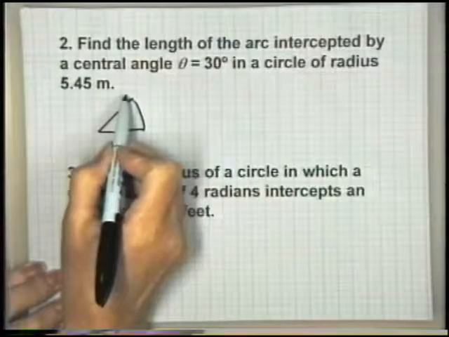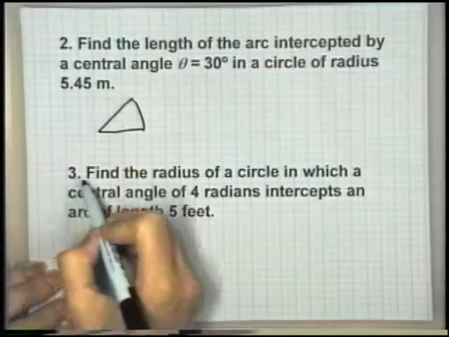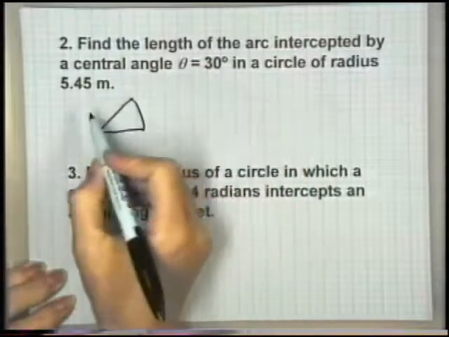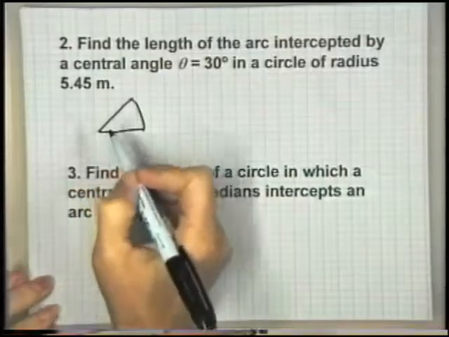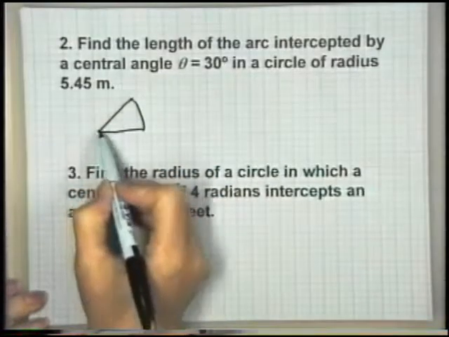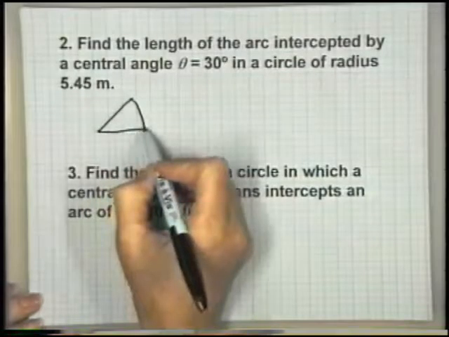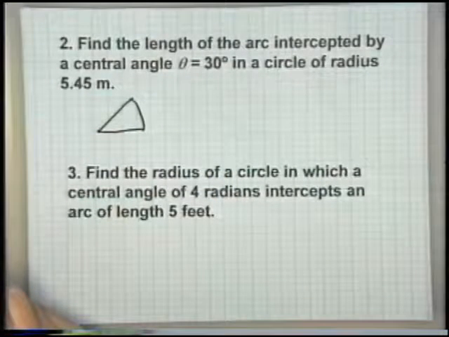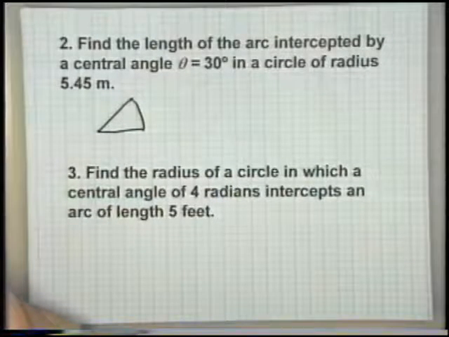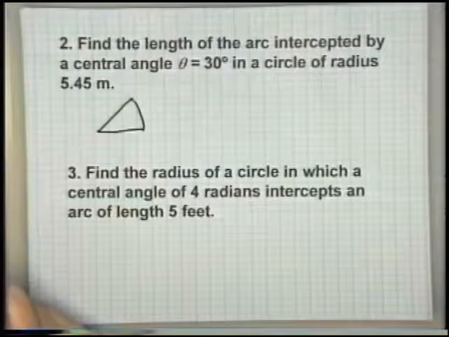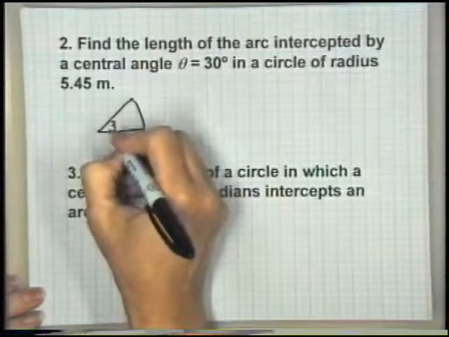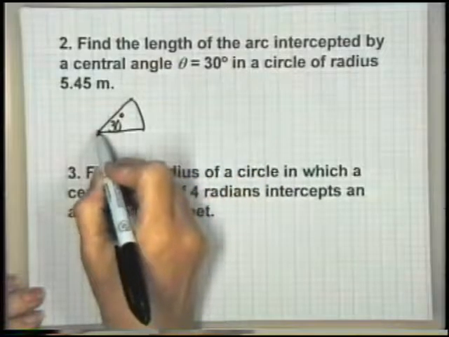If you want to imagine that, the circle came on around like that, of course we know that the central angle comes from the center of the circle with two rays forming each side of that angle. And we know that this is 30 degrees.